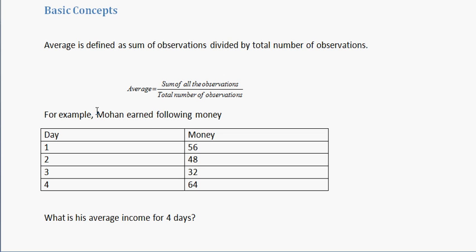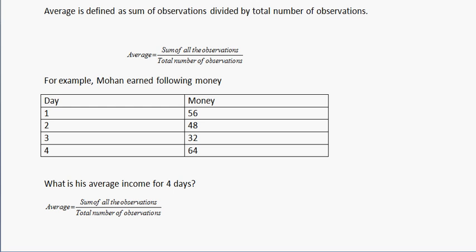So for example, a question says Mohan earns following income. On day 1 he earns 56 rupees, on day 2 48, day 3 32, and finally 64. What is the average income of 4 days? So we'll just copy this formula here, and we'll say average is equal to sum of all the observations.